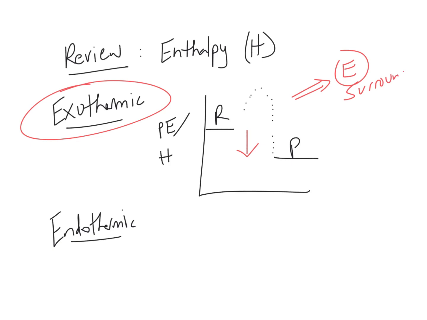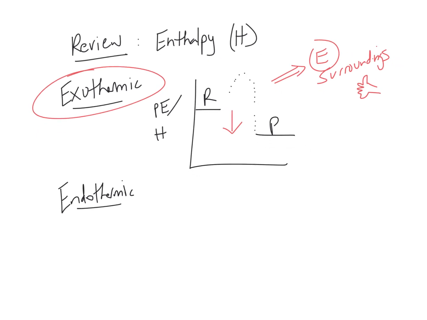And what we often observe macroscopically with our senses is a release of heat. We would feel this reaction get hot, because it would be releasing energy to our hands or to the surroundings, but it would be decreasing in potential energy or decreasing in enthalpy.